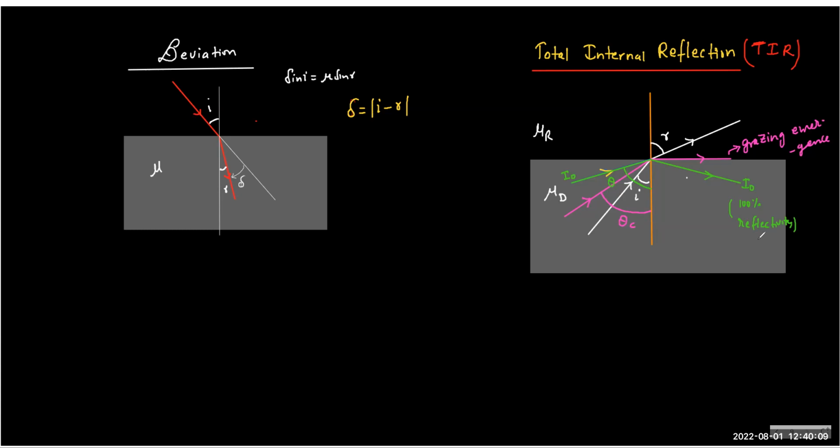Now, the internal mechanism we are not aware of, but we know it is due to some sort of induction of charge and creation of an electric field due to that induced charge, and that in turn will change the course of energy propagation. Okay, of course, there are many things which are much deeper than what we know.